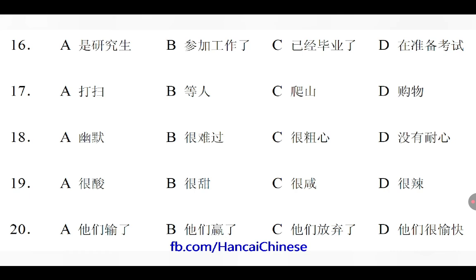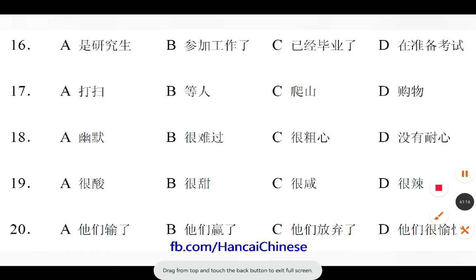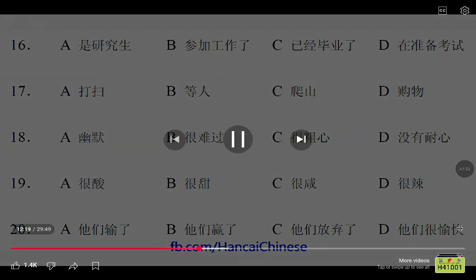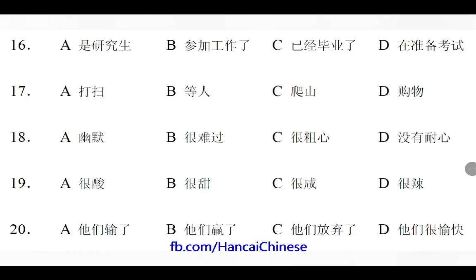19，今天的汤怎么这么咸呐？咸。Which one? Option C. We listen to exactly this one. 咸。Okay, listen again. 对不起，肯定是我放错了，把盐当成糖了。今天的汤怎么样？How is today's soup?